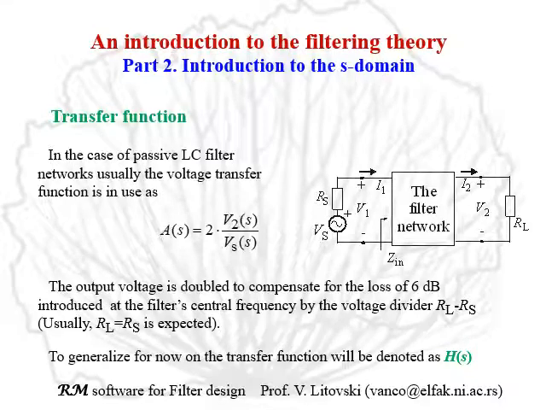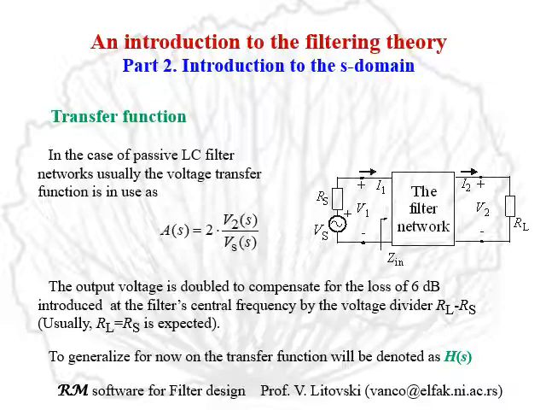In the special case of passive LC filters, usually the voltage transfer function in use is a ratio of the output voltage and the source voltage, not the input voltage, multiplied by 2.